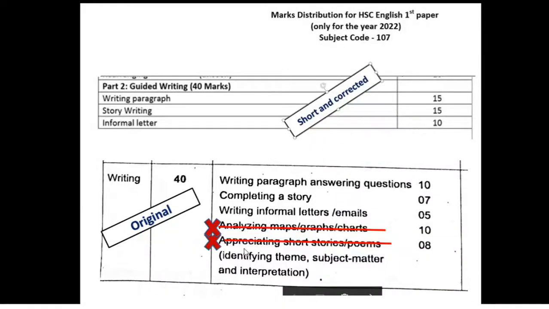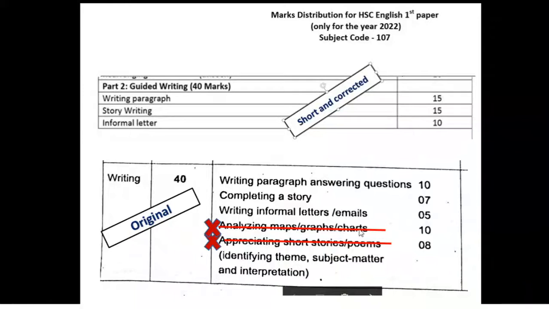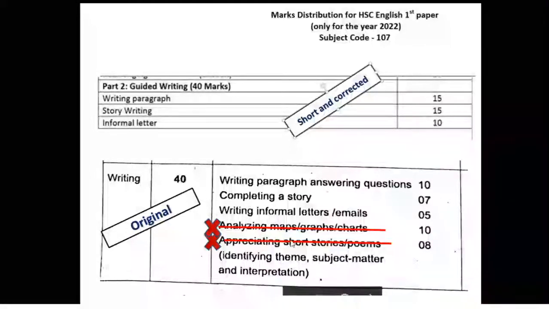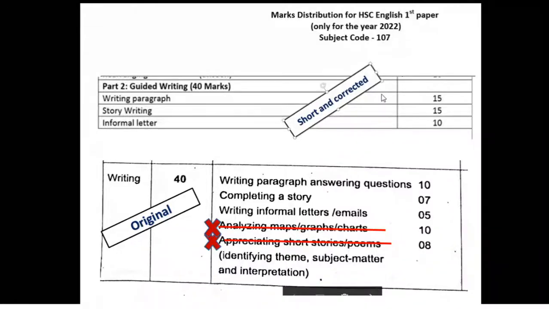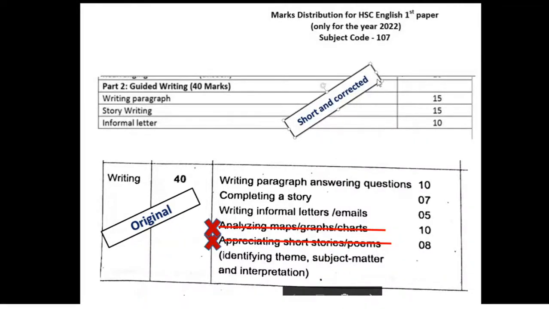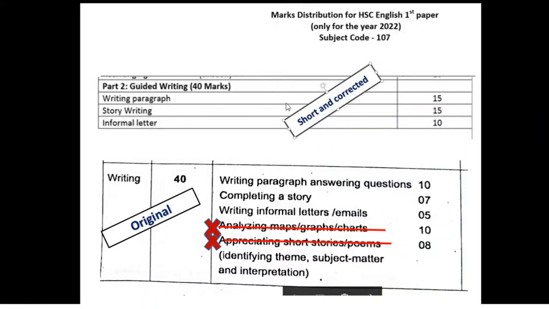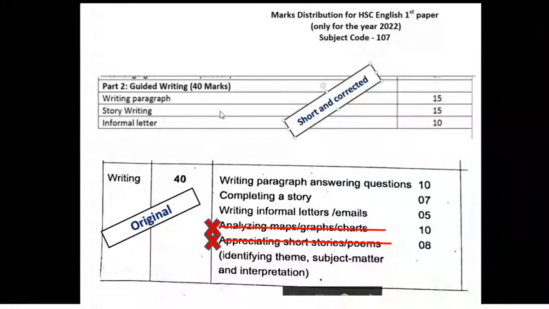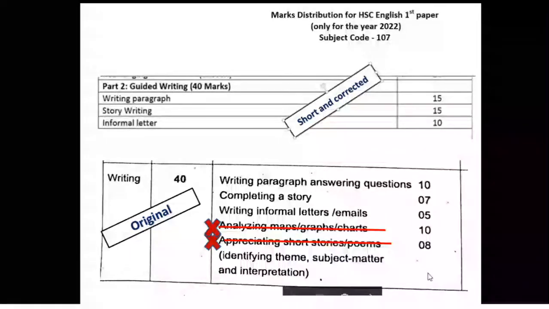And these 2 items, that is analyzing maps, graphs or charts and appreciating short stories or poems, have been excluded from the short and corrected syllabus. So now for the writing part, you will take preparation only on these 3 items, and the first word is the same as the original one.